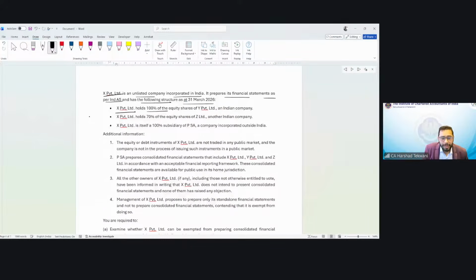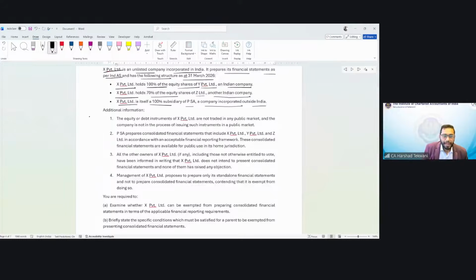X Limited holds 100% of the equity shares of Y Limited, an Indian company. X Limited holds 70% of the equity shares of Z Limited, another Indian company. X Limited itself is a 100% subsidiary of PSA, a company incorporated outside India. Additional information: the debt and equity instruments of X Limited are not traded in any public market, and the company is not in the process of issuing such instruments in a public market.